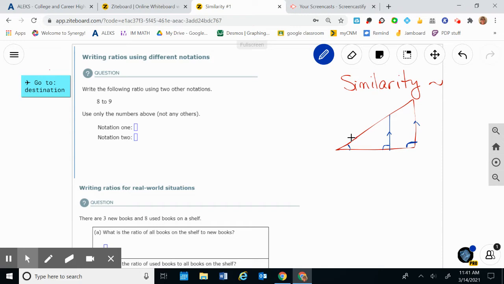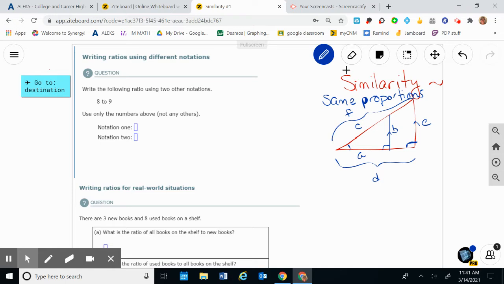Similarity means same proportions. I think that's the easiest way to think of it. In other words, if I call this A and this B, and I call the little one C, and then I call the large one D, E, and the large one F, right?